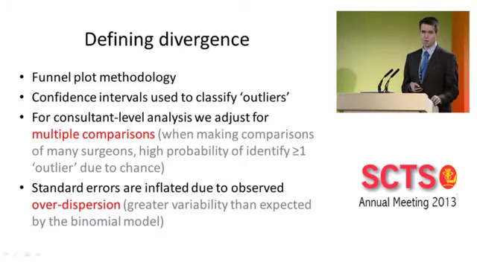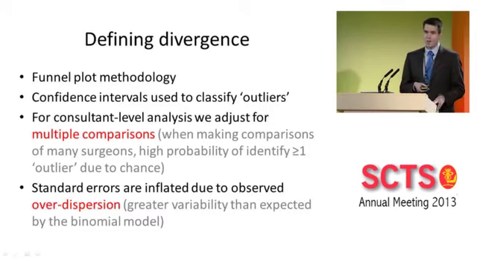Normally when you look at a funnel plot, you're looking at a single point on that graph, so you're only looking at a single hypothesis. If you want to compare all the surgeons simultaneously, then normally you will find that some surgeons will be outliers just due to chance alone. So we correct for that fact by putting this additional confidence limit on.